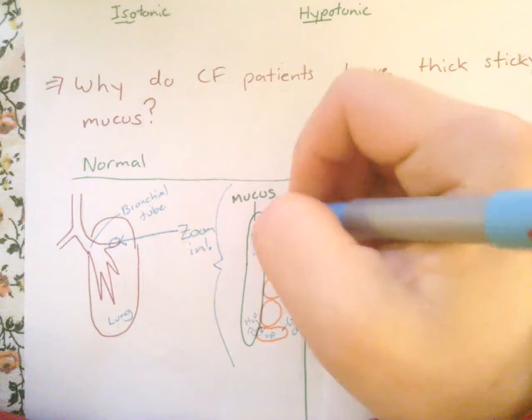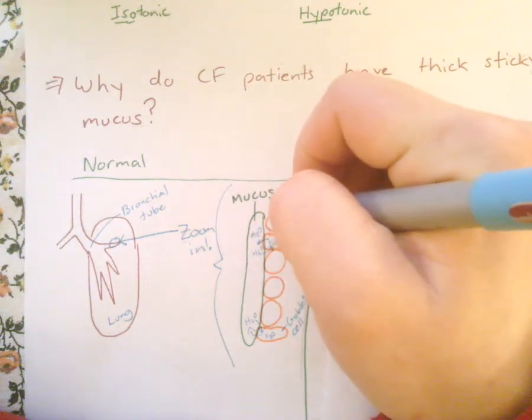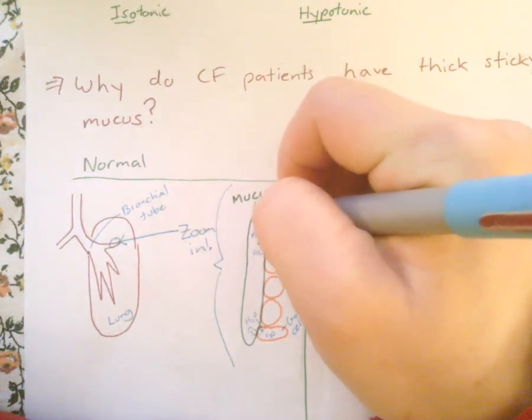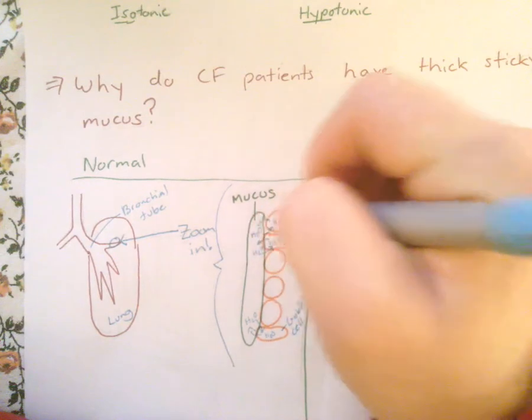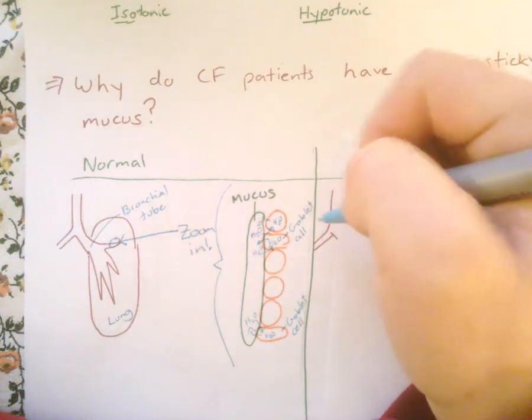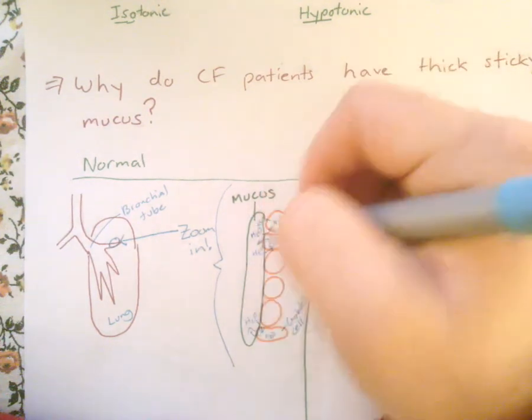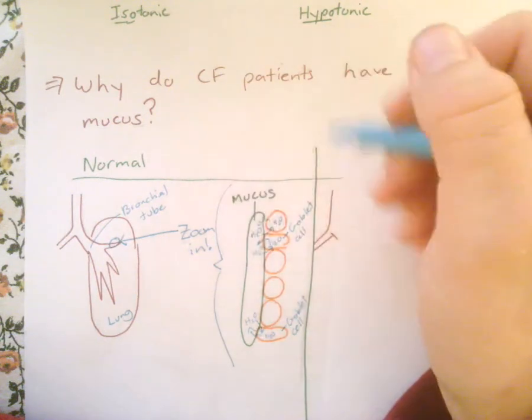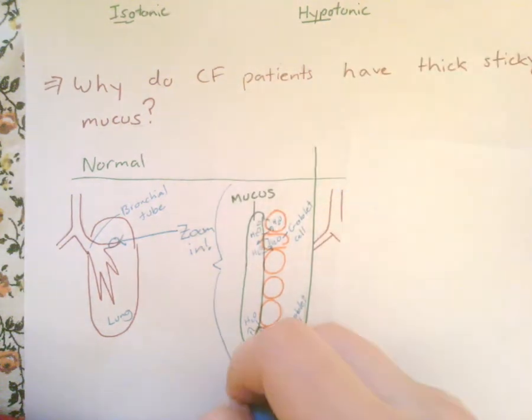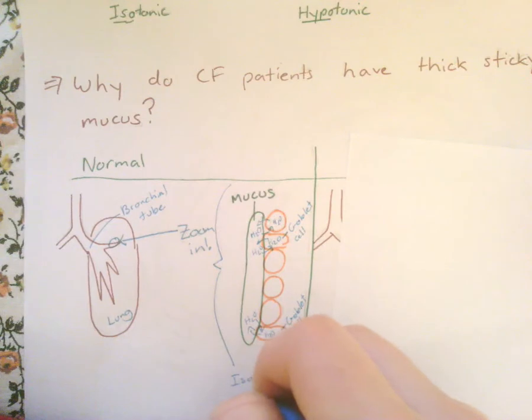So our cells and the surrounding area, even our other cells, should have a nice balance within that environment. There should be mucus just covering the cells, and a nice balance of water in this isotonic environment.